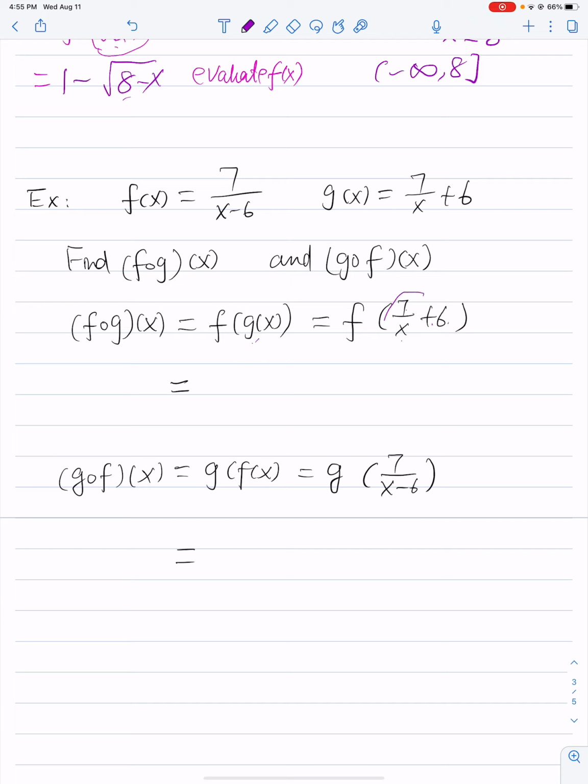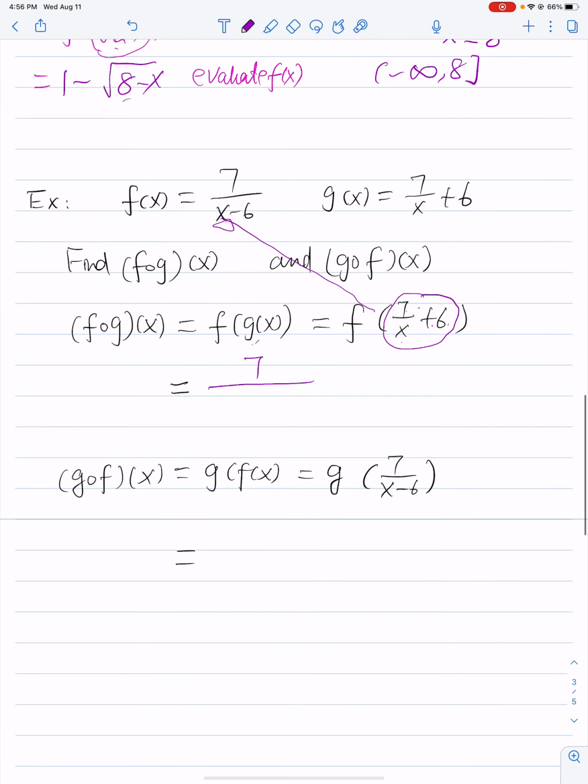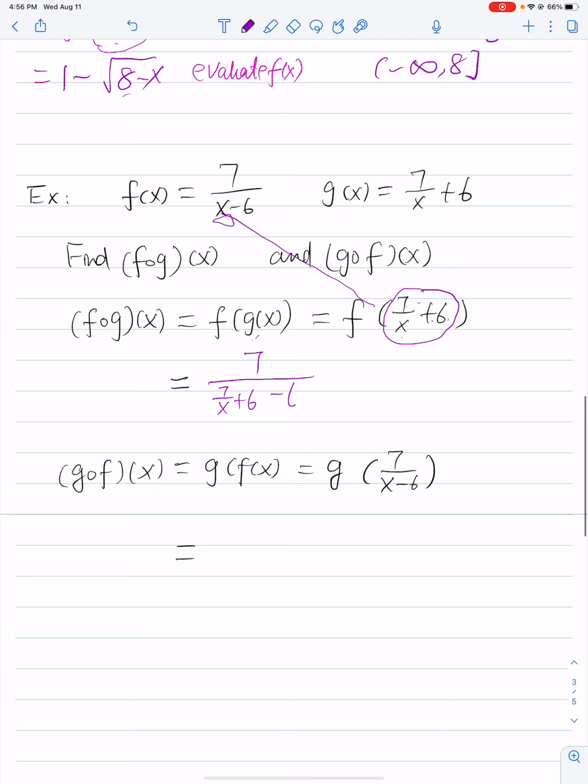Then what do you do? Look at the whole thing as the x and put it here, yeah? So it will be 7 over your x, which becomes 7 over x plus 6. That's your x. Then you minus 6 again.